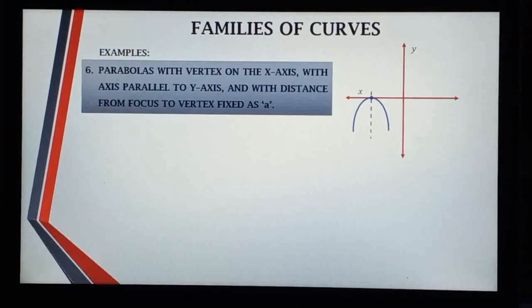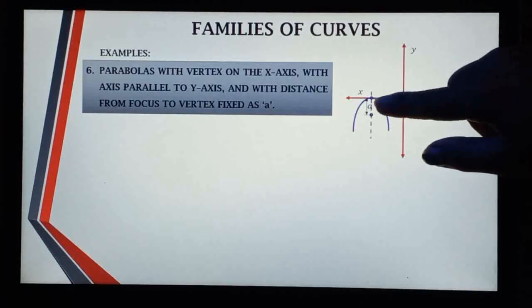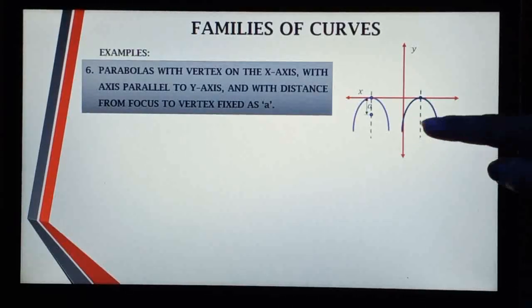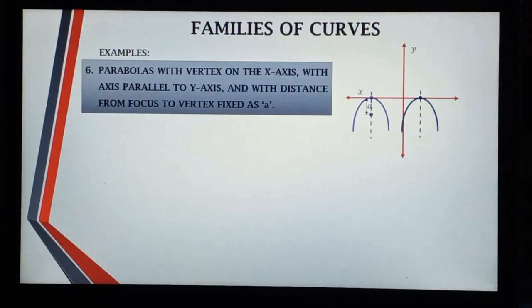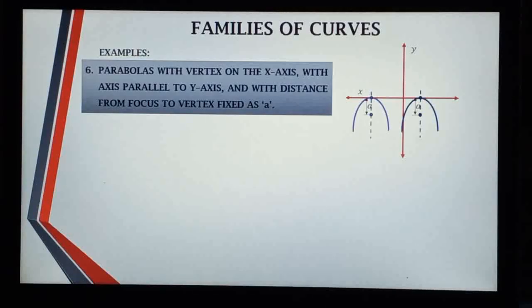Then the last condition is yung distance from focus to vertex would be fixed as a. Then another parabola, downward again. You have the vertex on the x-axis, then axis parallel to y-axis, then the distance from focus to vertex will be fixed as a.